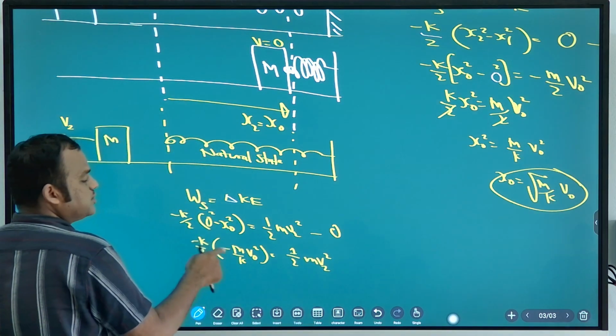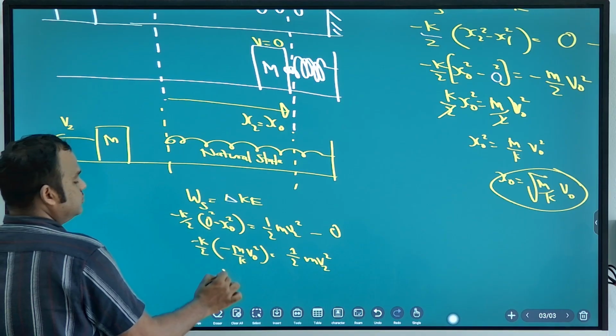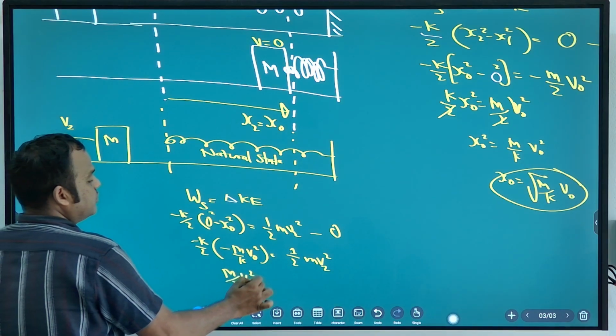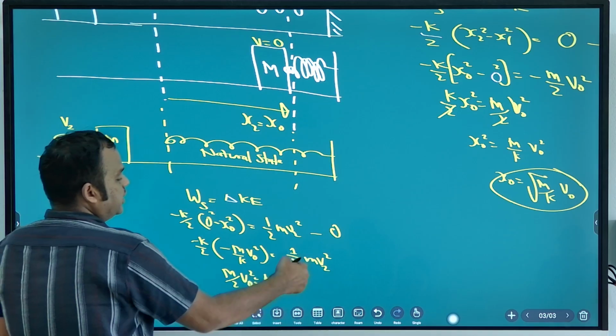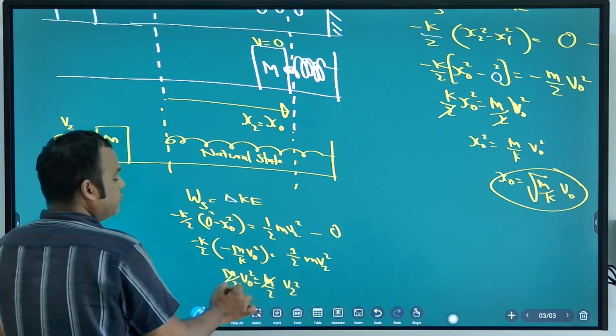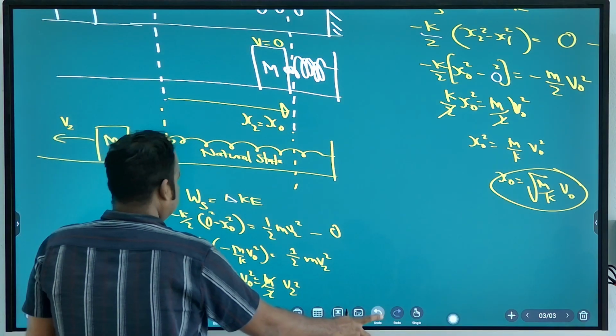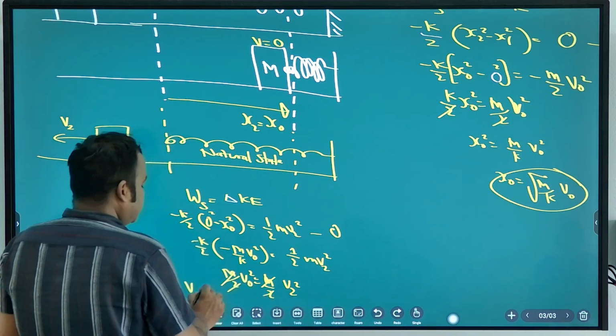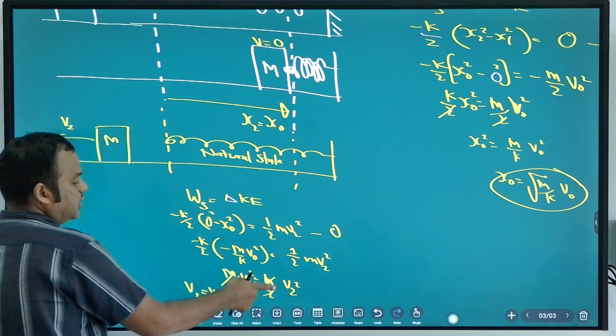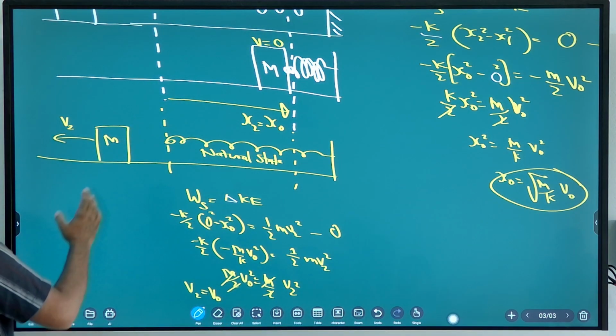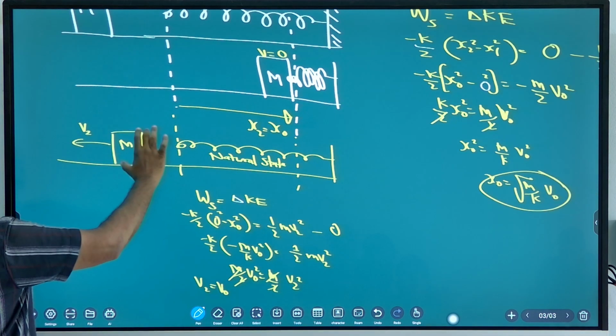So minus minus plus, k cancels. So m by 2 v naught square is equal to m by 2 v2 square. m by 2 cancels. So how much is v2? v2 is equal to v naught.